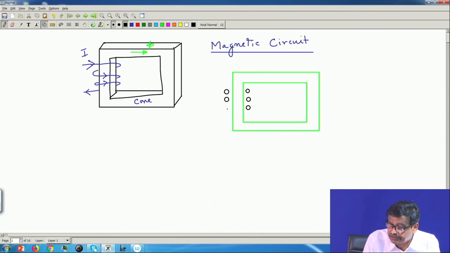These are the coil sections. How many coil sections we will see? As many as the number of turns, and the direction of the current can be shown by cross and dot like this. This will be cross, cross, and this will be dot.